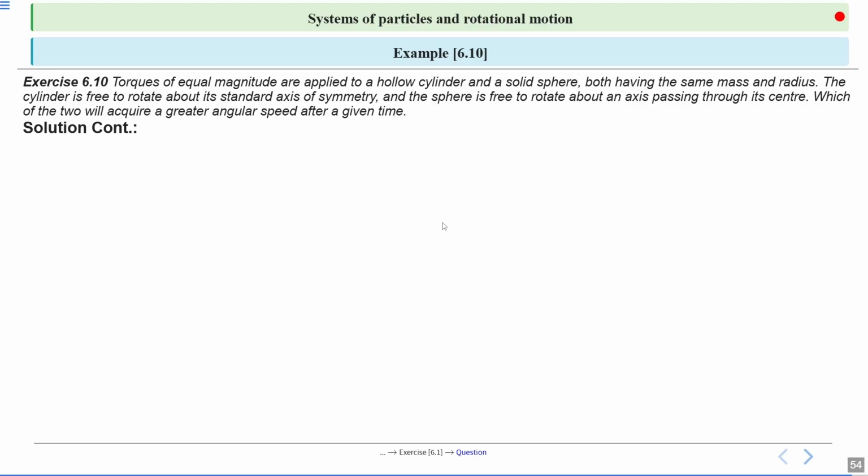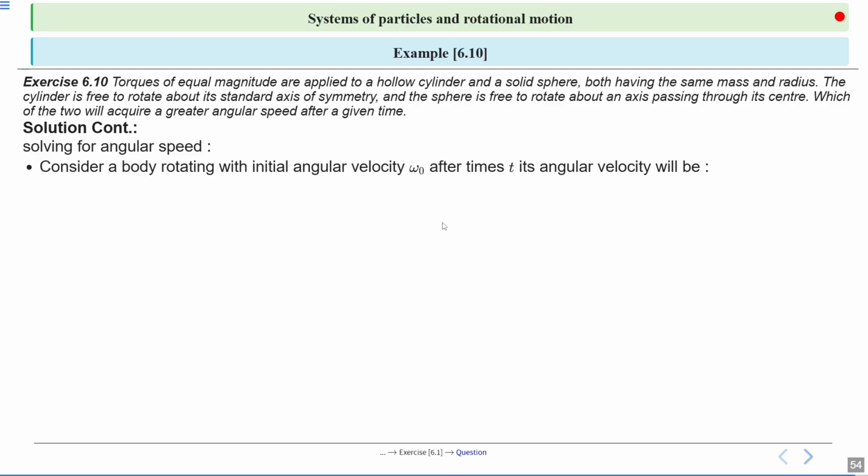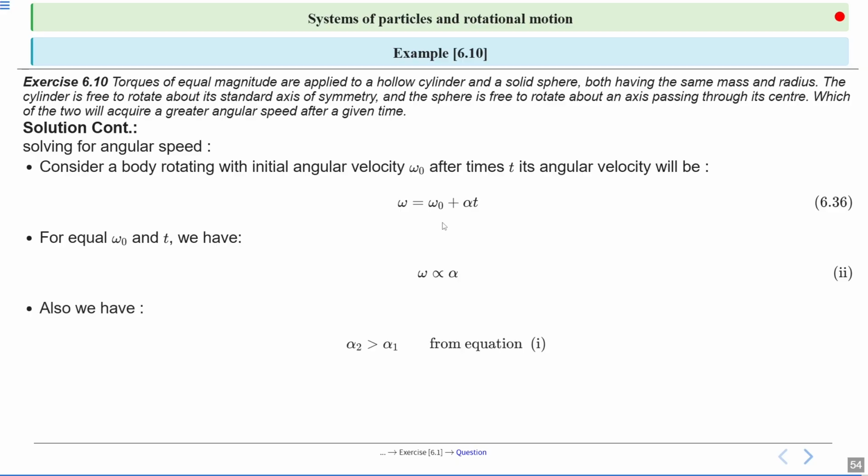Now, angular speed. Consider a rotating body with initial velocity omega naught, and after time t, its angular velocity will be omega is equal to omega naught plus alpha t. For equal omega naught and t, omega is directly proportional to alpha. Also we have alpha 2 is greater than alpha 1 from the first equation. Yes or no?